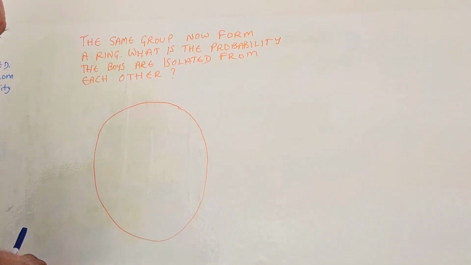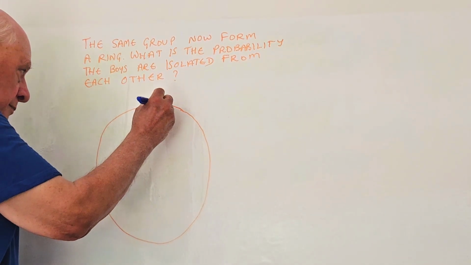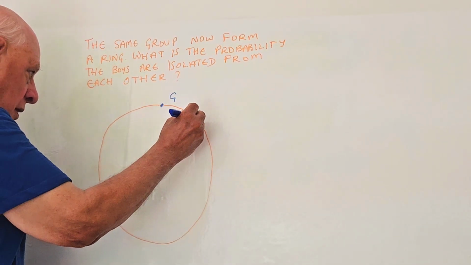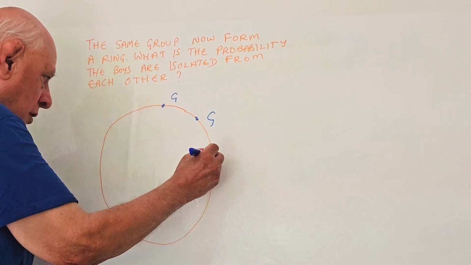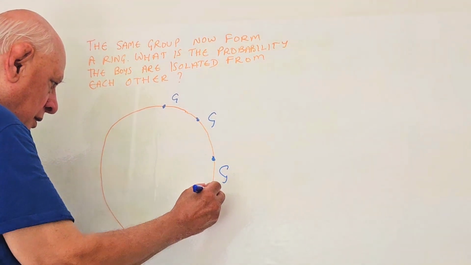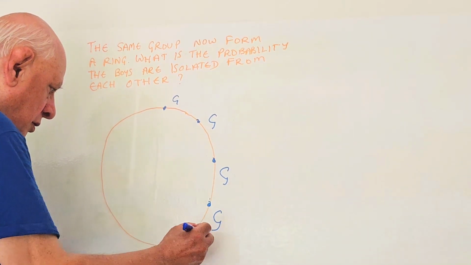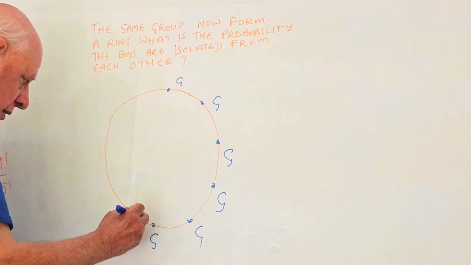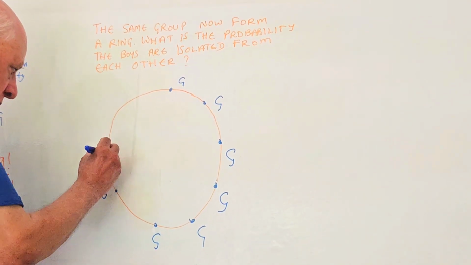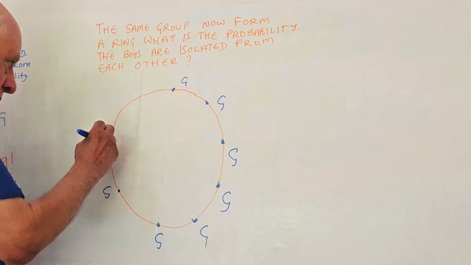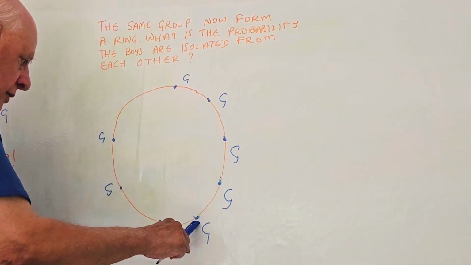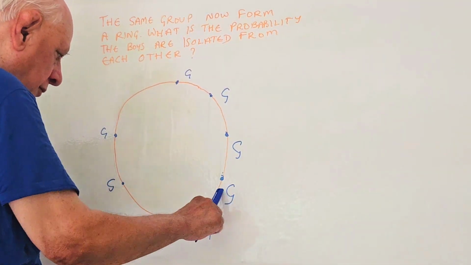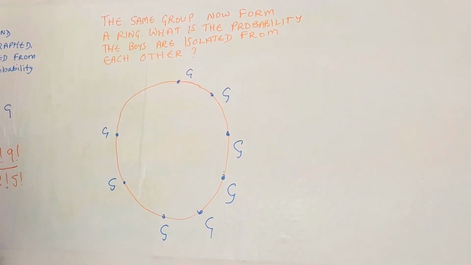And again, you've got 8 girls. So let's put them in. 1, 2, 3, 4, 5, 6, 7, 8. Right.